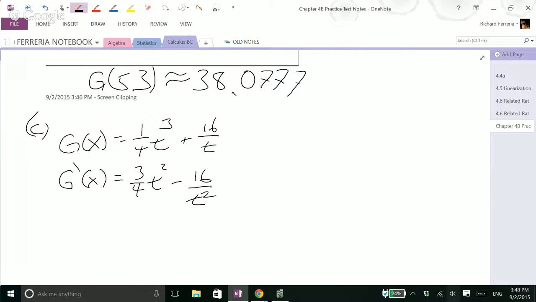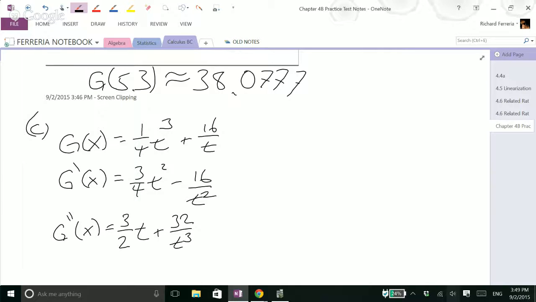Okay. And then g double prime of x. 6/4 is 3/2, yeah? 3/2 t plus 32 over t cubed.